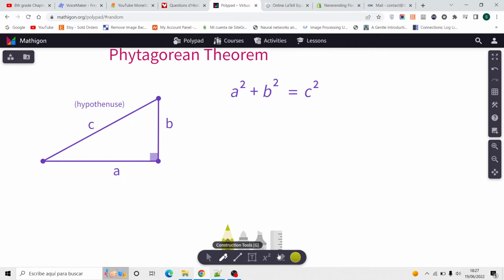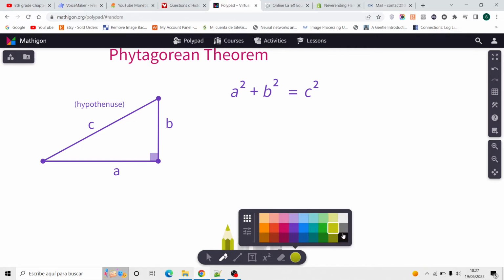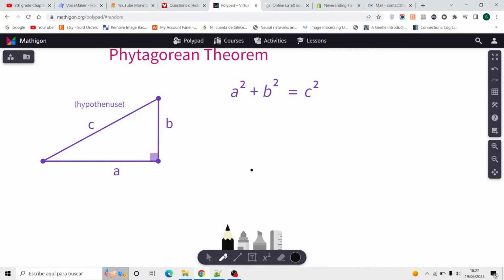If you have a right triangle with A equal, for example, 4, let's say 4, B equals 3.